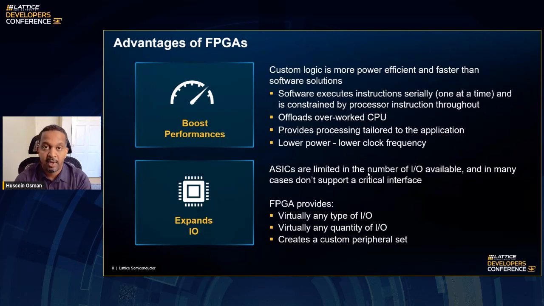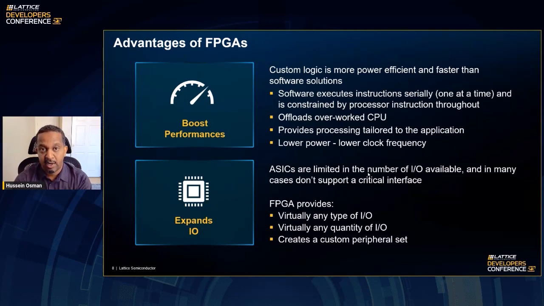FPGAs normally come in to offload some of these heavier workloads into smaller devices that are lower power, and a designer can create a fairly tailored solution for how to create the design. And lower power is normally associated with the fact that the FPGA runs at a lower clock speed and running things in parallel.